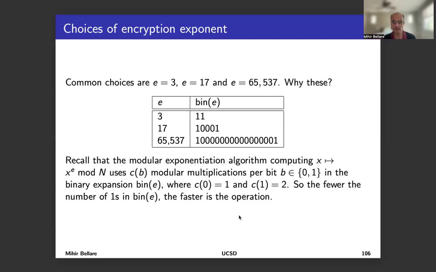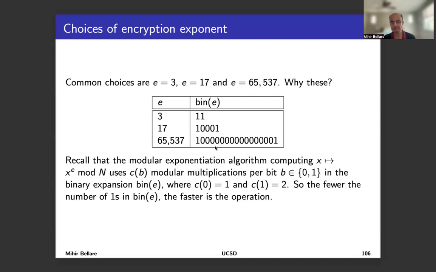If you go back to our square and multiply method for doing modular exponentiation, you might notice, if you look at the details, that each iteration of the loop uses either 1 or 2 modular multiplications, depending on the value of the corresponding bit in the exponent.